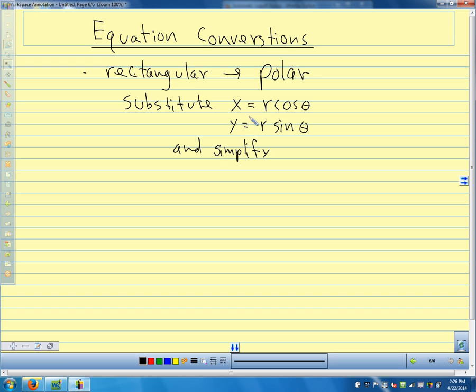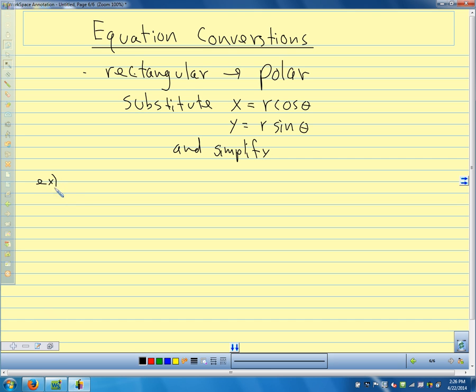So everywhere we see an x, we write r cosine theta. Everywhere we see a y, we write r sine theta. And then sometimes we have to do some simplification. So if we have a nice rectangular equation, we just make these substitutions and simplify. Very easy. Sometimes it's a little more tricky though.